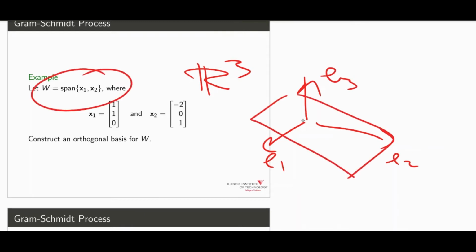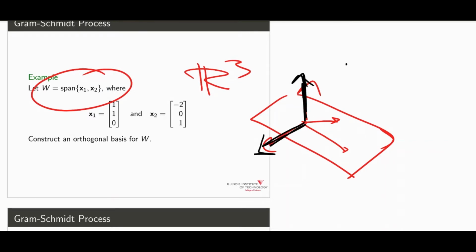Constructing an orthogonal basis is not as simple as picking 2 of the orthogonal vectors we have seen, like the z-axis and the x-axis. These are really orthogonal, but they don't span the space, so it is not as trivial as you think.